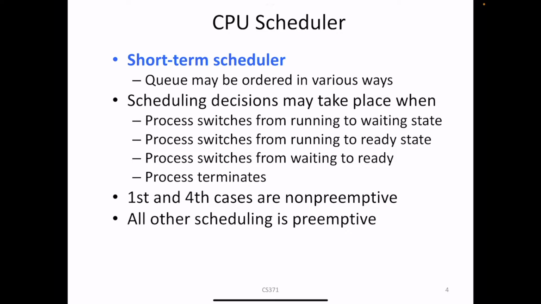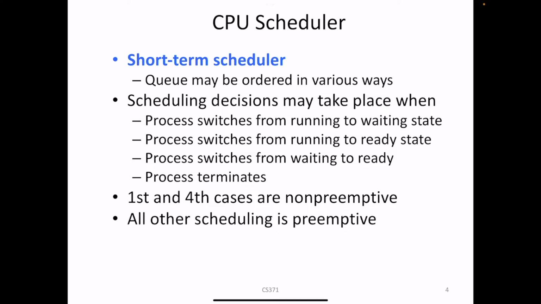The scheduling decision may take place in different situations. For example, a process switches from running to waiting state, running to ready state, waiting to ready, or the process terminates. The first and the fourth cases are referred to as non-preemptive.